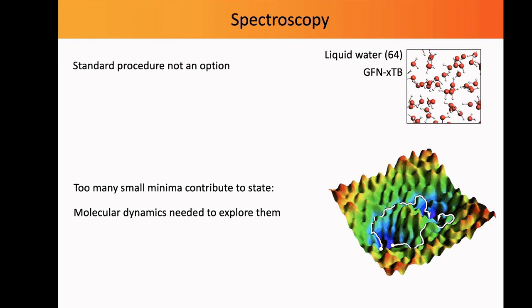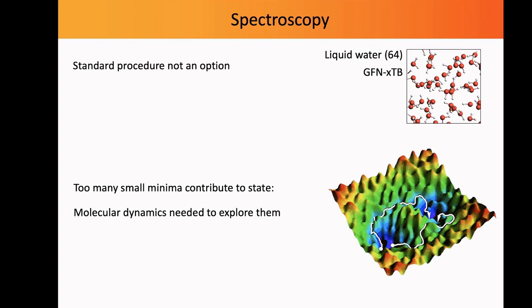And the reason is that for a complex mobile system such as this, the potential energy surface is extremely rough and one single state consists of many, many small, shallow potential energy wells. And all these shallow wells contribute to the state of the system. So minimizing it into the minimum of one single well is not representative for the full state.